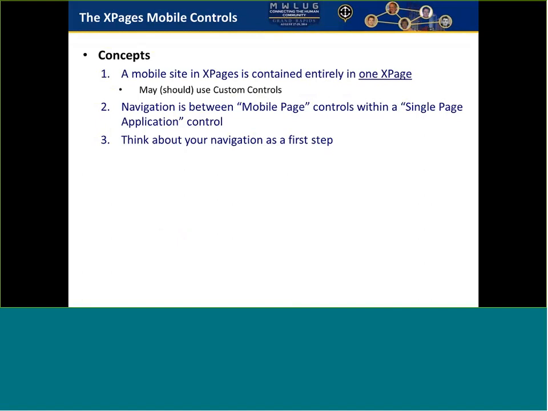So to have a menu and a view and then a form to view the content that you choose to see means that you're going to have 2 pages for every view, the view and the content, and then the menu, and perhaps other pages like, you know, congratulations, you've submitted your content and whatnot. In my case, that means I'm building a minimum of 31 mobile pages, all living in one single XPage.